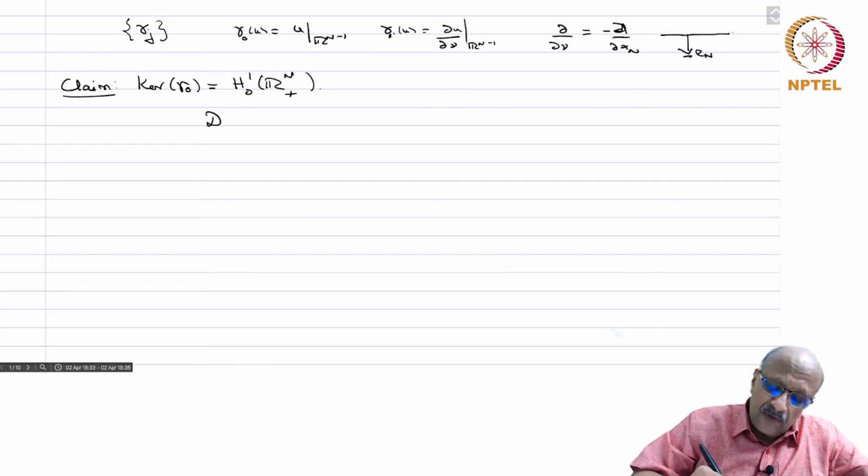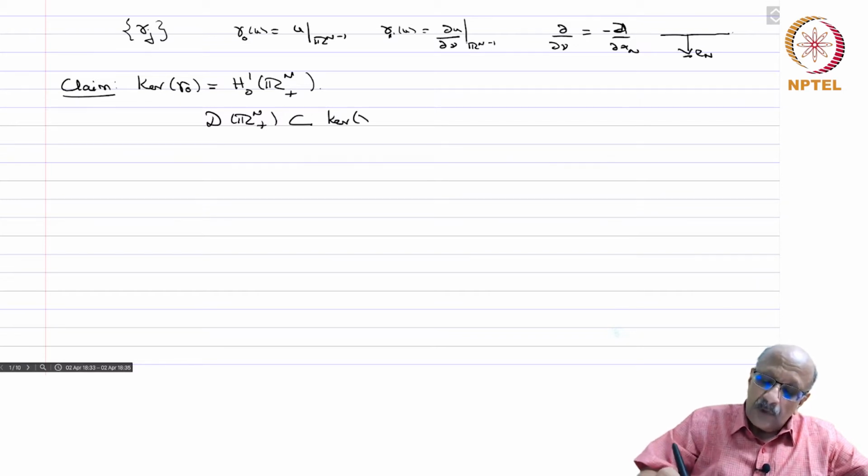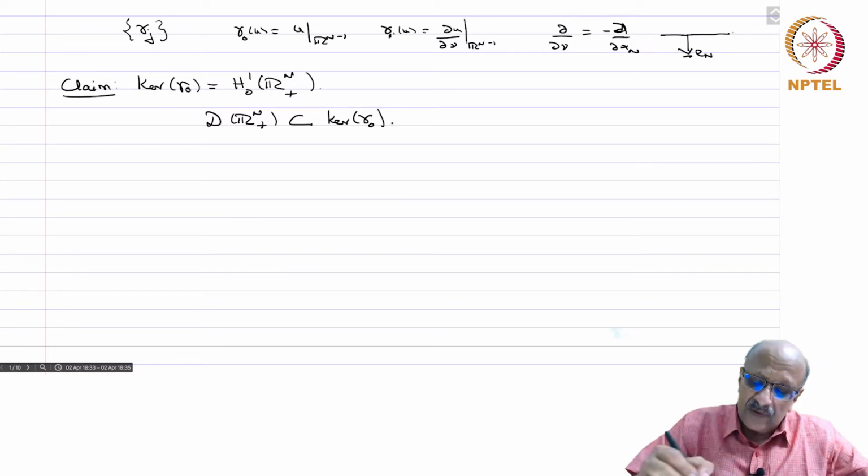You know that D of R^n plus is clearly in the kernel of gamma naught, because these are C infinity functions with compact support. So gamma naught of that is nothing but the value on the boundary, and that is of course 0 because it has compact support inside.